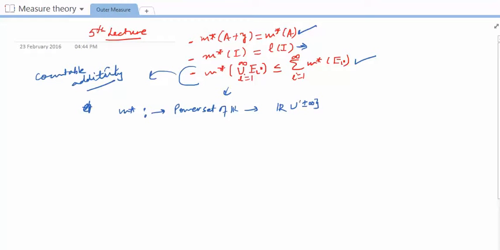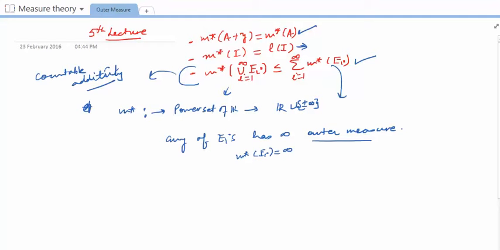Minus infinity it will not take, because by definition M star of a set is positive. So if any of the Eis has infinite outer measure, then the right hand side of the star, which we have to prove, is infinity, and of course anything is less than or equal to infinity. So our inequality is trivially true.